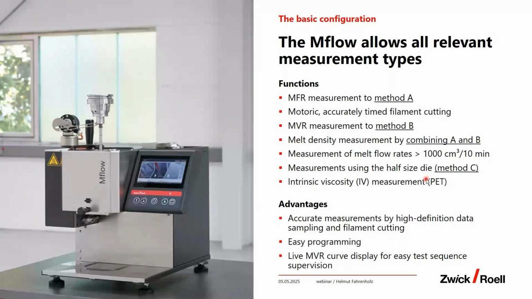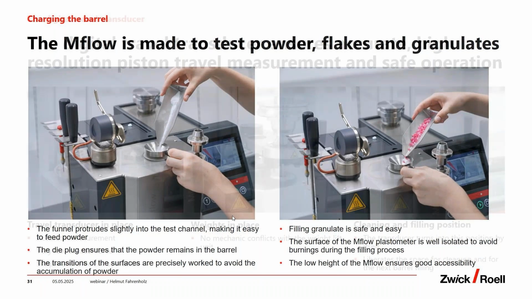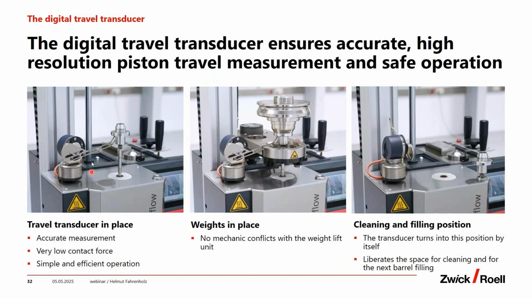For doing the test sequence filling, you have a little funnel, some means to bring the material properly into the barrel. You have this travel transducer here, which is in place under the piston, so it measures the travel of the piston.